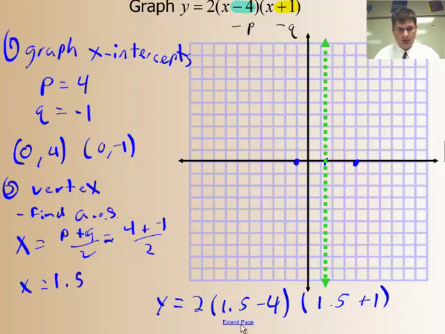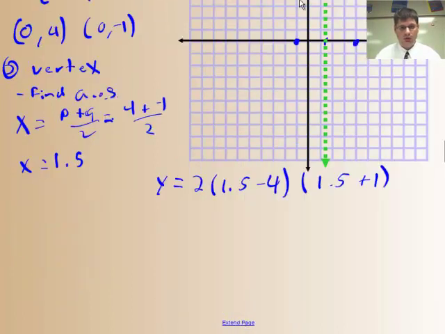So 2, and then this is going to give us negative 2.5.